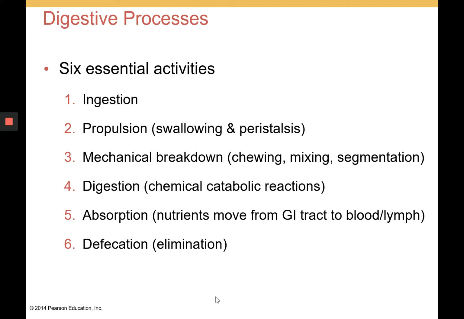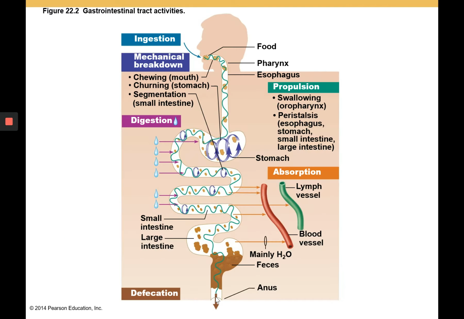There are capillaries and specialized lymph vessels located under the enteric cells of the small intestine that are able to absorb these small monomers as they transport themselves across enteric cells. And then the last step, defecation, is elimination of indigestible foodstuffs, commonly nitrogenous waste, things that cannot be broken down. And this does not necessarily include lipids, but depending on certain homeostatic imbalances, you may have difficulty processing foods such as fat, and they may end up in your feces.